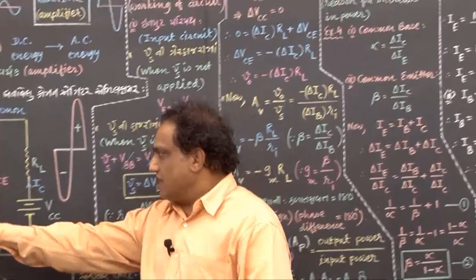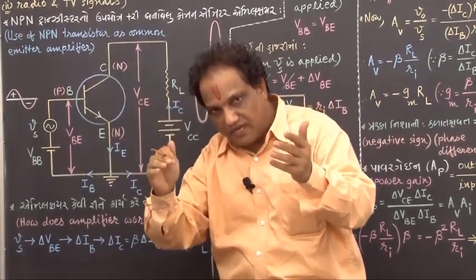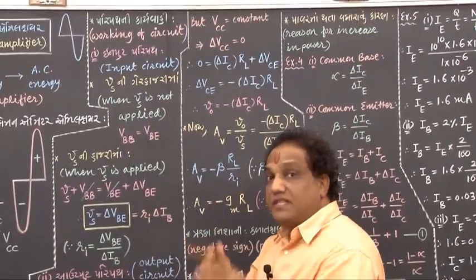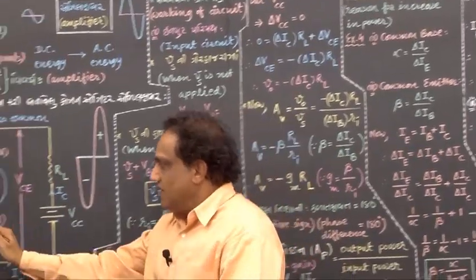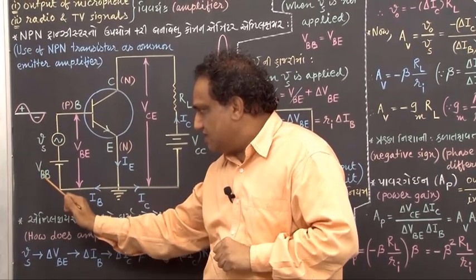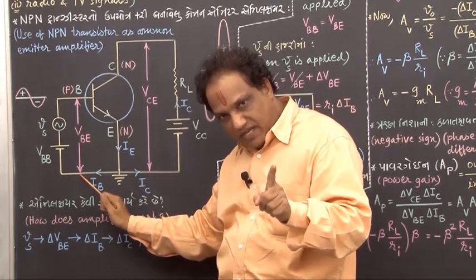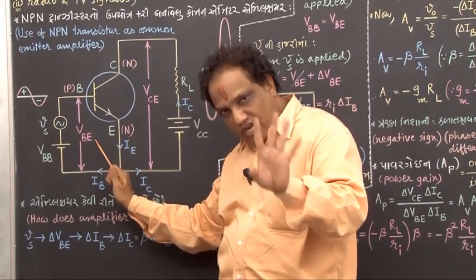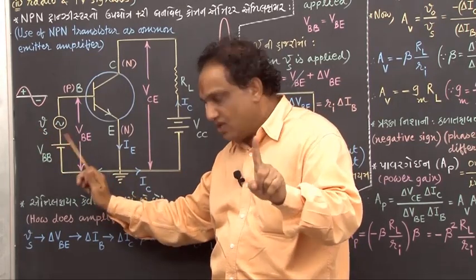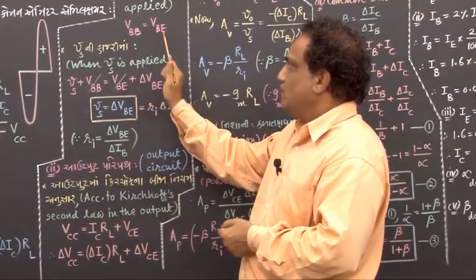In this input circuit, if signal voltage is not applied, then in the absence of Vs, when this signal voltage source is not connected, the voltage between these two terminals is VBB, and the same voltage will appear here also between base and emitter, which we call VBE. In short, in the absence of Vs, these two voltages will become equal. VBB equals VBE.